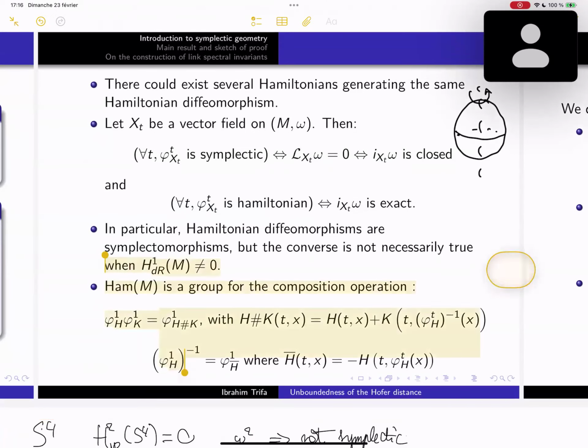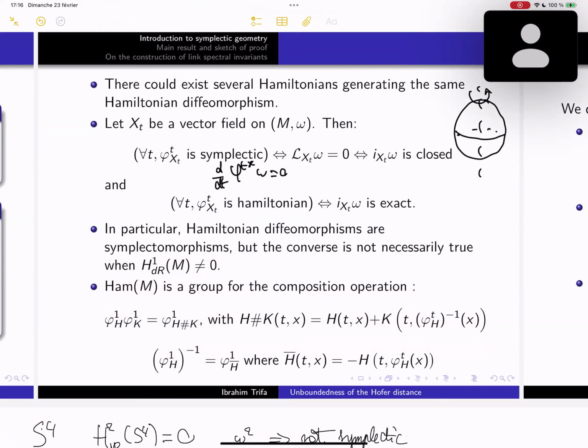Okay, so I didn't explain why a Hamiltonian diffeomorphism is a symplectomorphism. So we need to check that it preserves the symplectic form. So if you take a vector field X_t on M, then its flow preserves the symplectic form if d over dt of phi_t star omega is equal to 0.